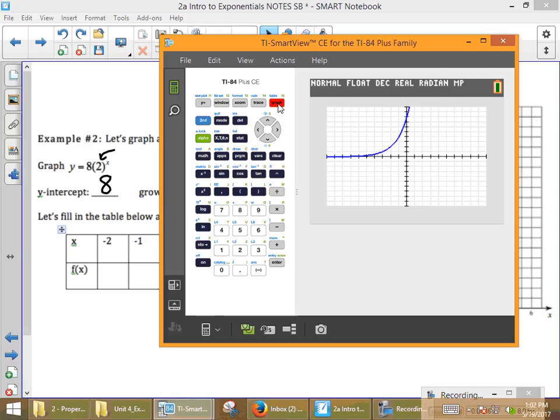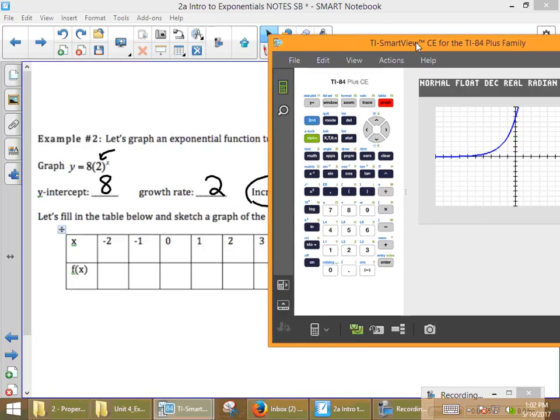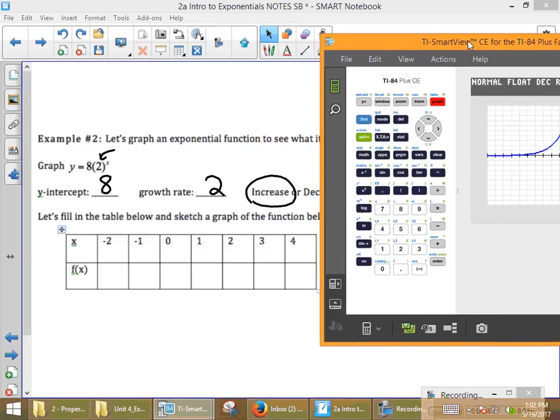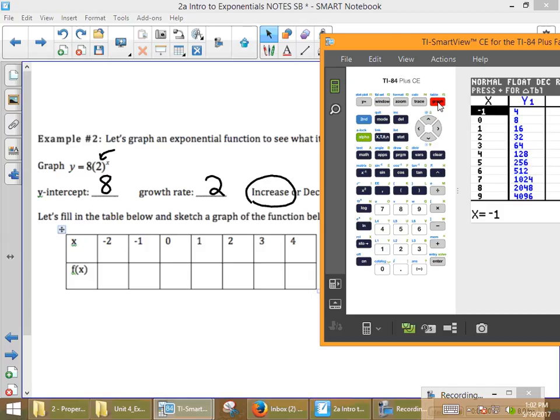All right, so I can already tell just by looking at this picture that it's a curved graph. It's not a straight line. To fill out the table that we're going to do right here, I'm going to have you click second graph. That takes you to the table. Now from this table, I'm going to be able to fill in the values on my paper.